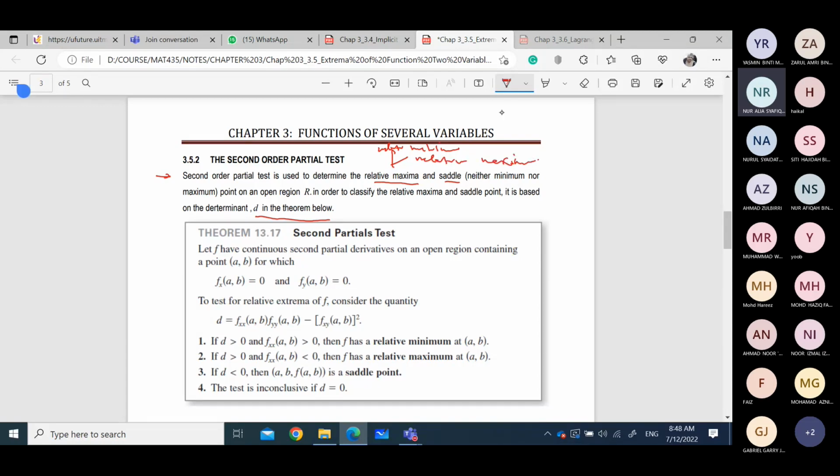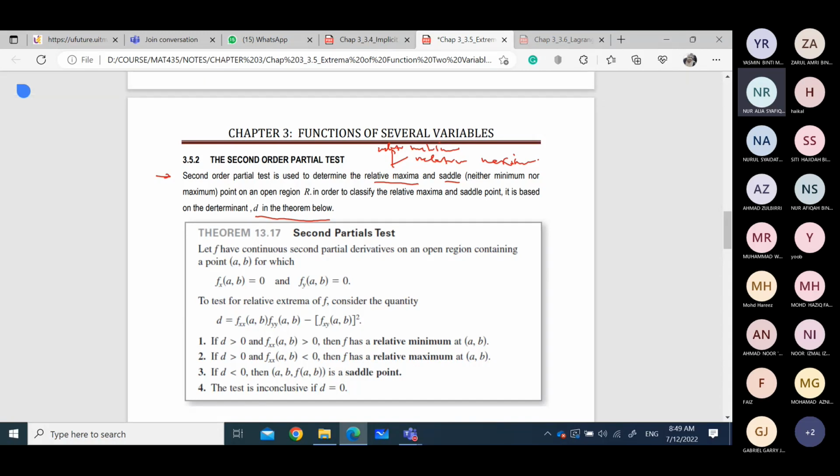Both situations, relative maximum and relative minimum, are classifications of relative extrema. The other one is saddle. For a saddle point, there is no minimum and maximum point on open region R. In order to determine relative extrema and saddle, it depends on the determinant.